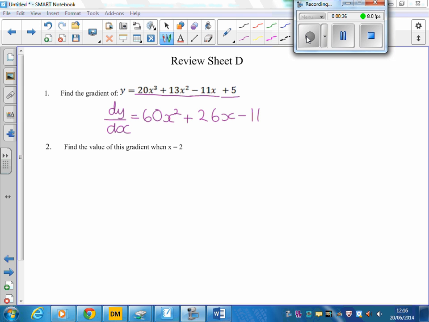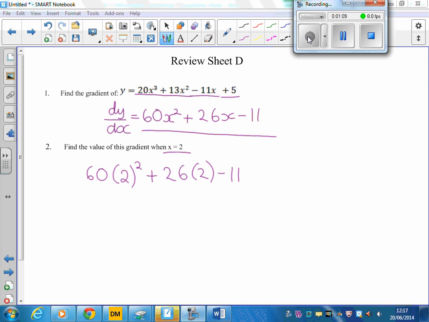The second question says find the value of this gradient when x equals 2. We use our answer that we found in part 1 and we substitute in x equals 2. So for the gradient where x equals 2, I have 60 times 2 squared plus 26 times 2 minus 11.